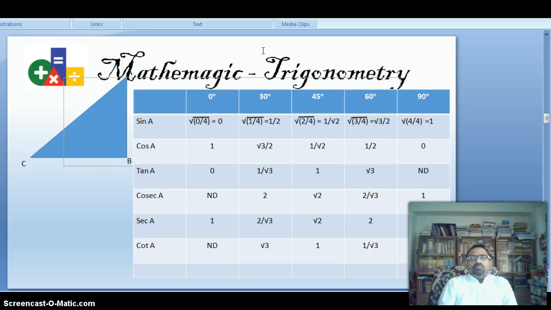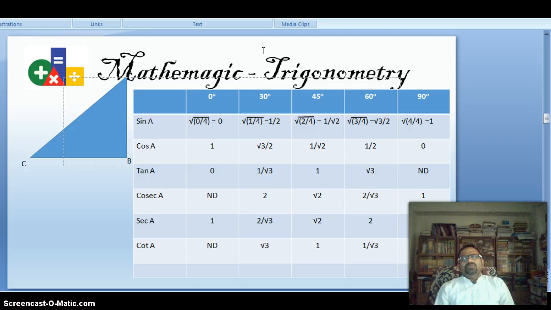Going forward, there are certain basic angles for which these values need to be known. Those angles are 0 degrees, 30 degrees, 45 degrees, 60 degrees, and 90 degrees. The values of sine, cosine, tan, cosecant, secant, and cot, we need to know all these for use in various problems.